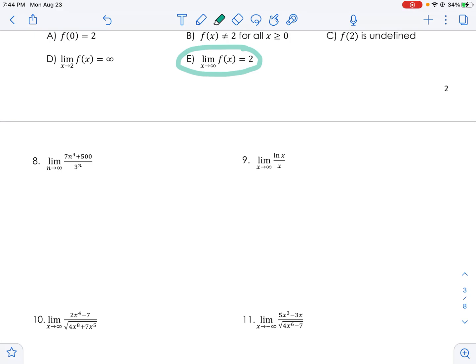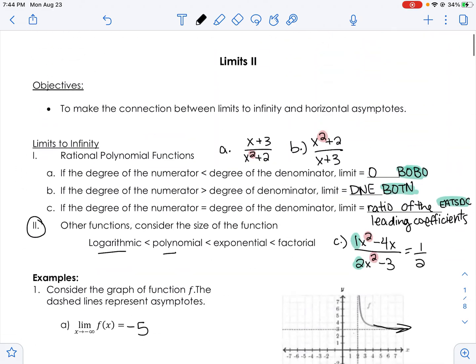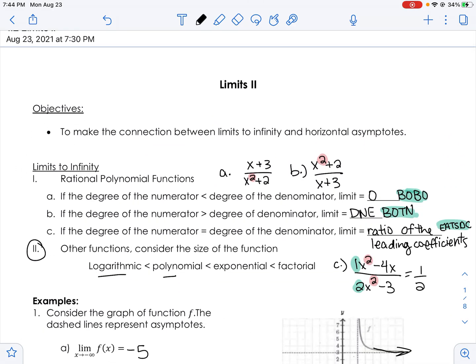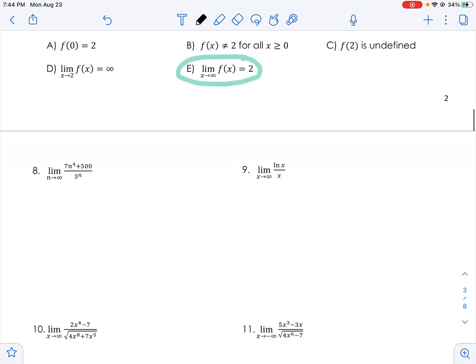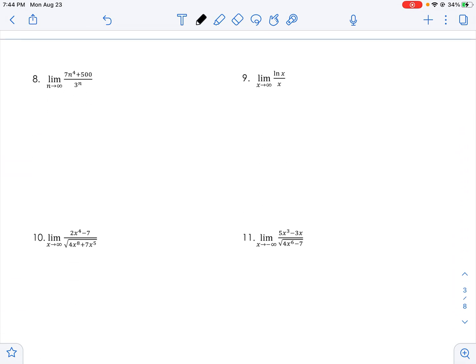So we have a polynomial on top, and an exponential on bottom, sorry, correction. And if we look back at our first page of the notes, exponential is bigger than a polynomial. So that means that I am bigger on bottom, and my limit is going to go to 0.